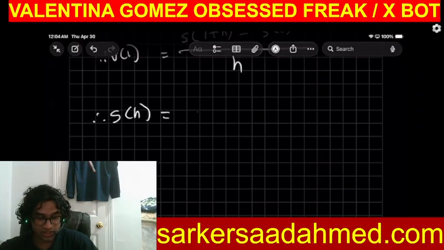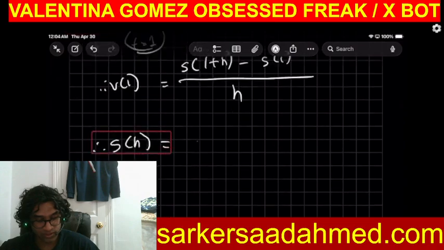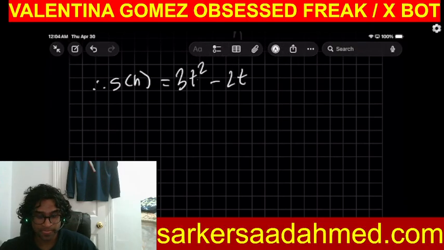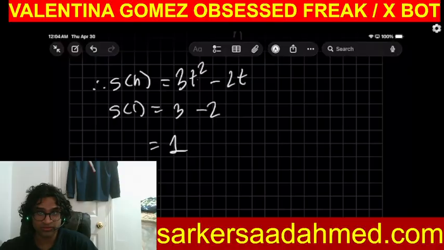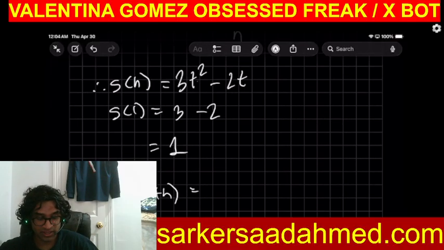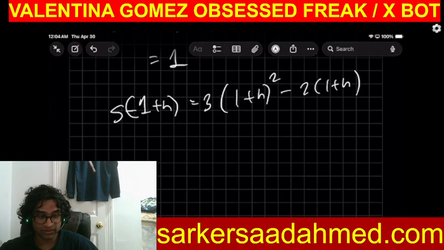s of h is equal to, I'm not writing step 1, step 2, step 3 because I did that. You have to watch carefully. So s of h would be 3t square minus 2t. s of 1 will be 3 minus 2, which is equal to 1. s of 1 plus h will be 3 times 1 plus h whole square minus 2 times 1 plus h.